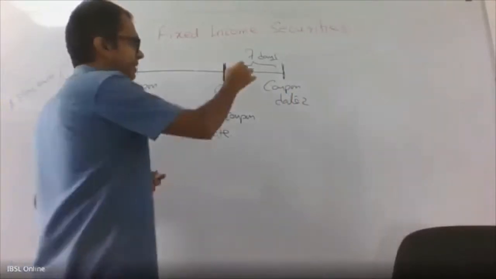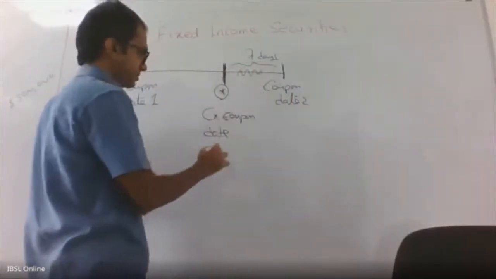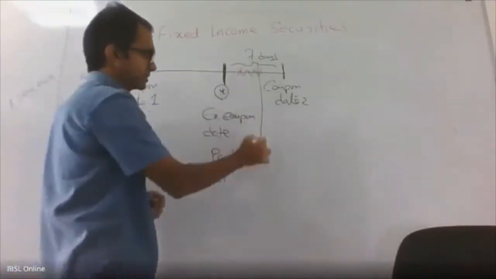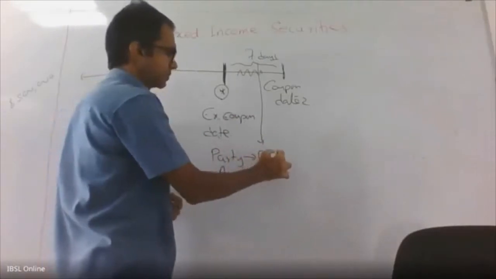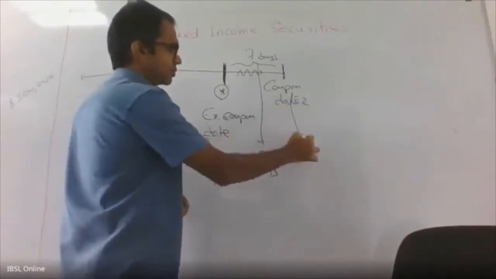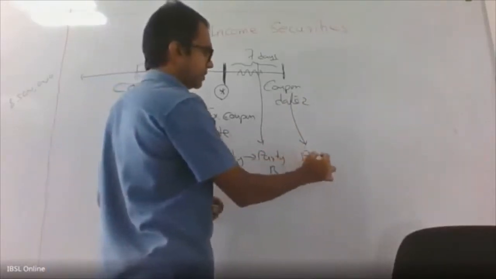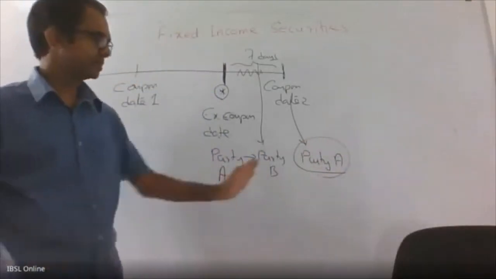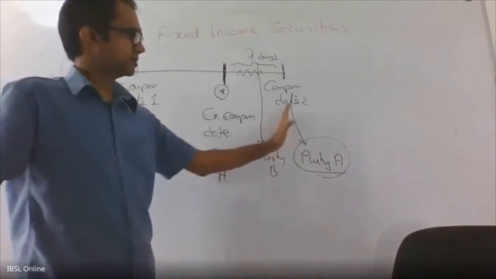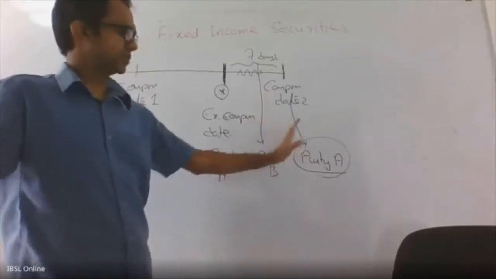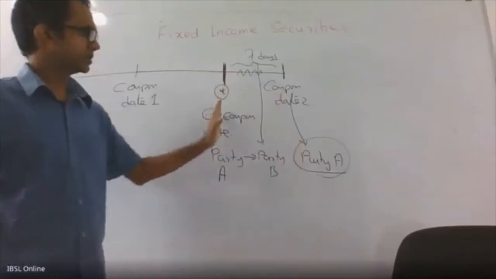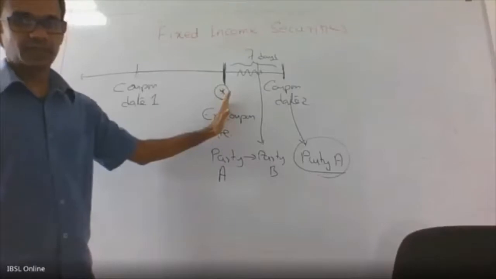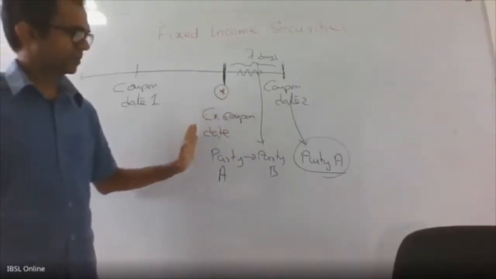If there was any transaction in between, say as of this day, party A holds this, but after some time, party A sold that to party B. On the coupon date, the coupon will be received by party A, not by party B, even though he is holding the bond on the coupon date, because the issuer pays the coupon based on the list of investors in their records on the ex coupon date.